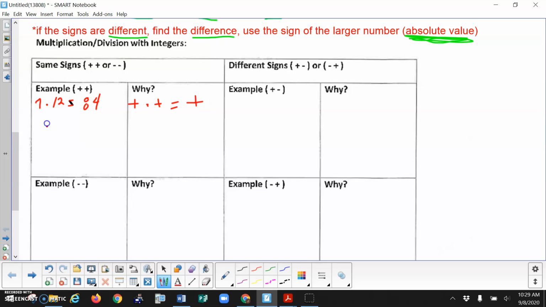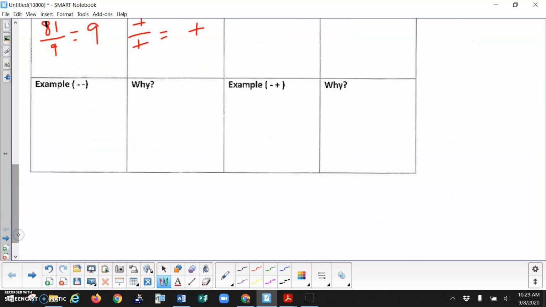Same is true with division. If I have 81 over 9, 81 divided by 9 is 9. It's a positive 9 because if I do a positive divided by a positive, this is going to give me a positive.